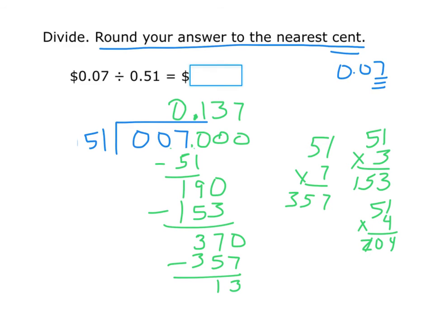Okay, so now that I have it down to 3 decimal places, I'm rounding to the nearest cent. So I look at this third decimal here and decide, does it make this go up or stay the same? Well, 7 is larger than 4, so it makes this decimal round up to 0.14. So 14 cents would be your answer for this one.